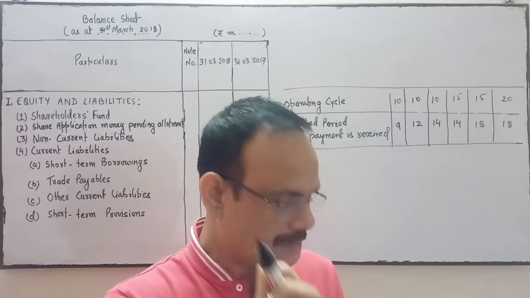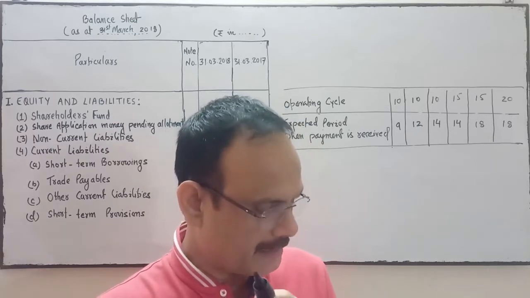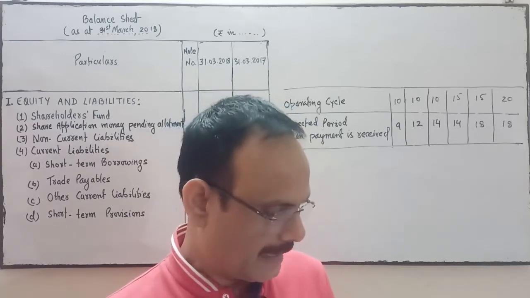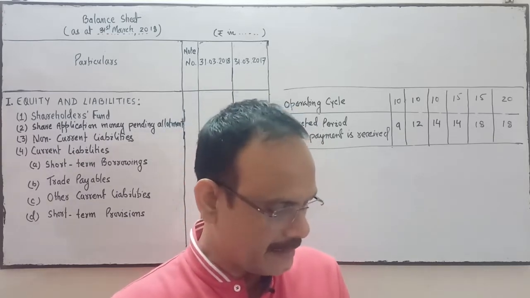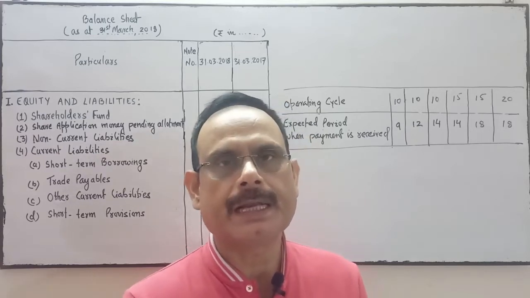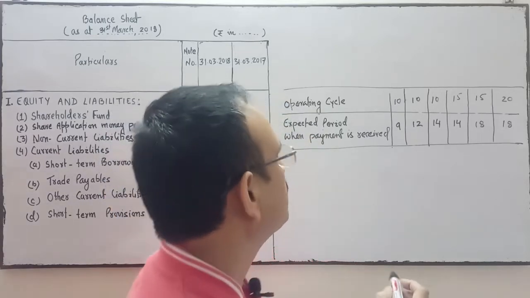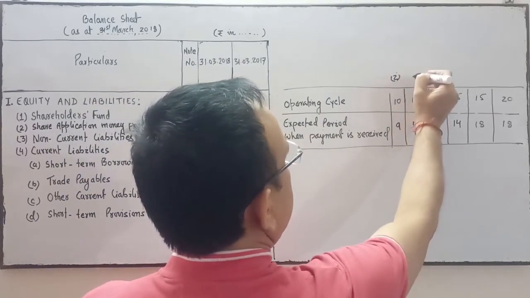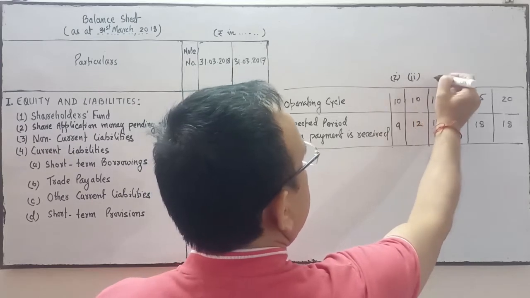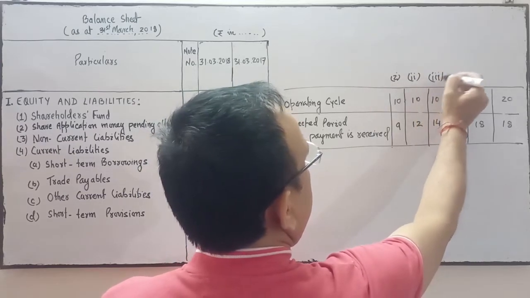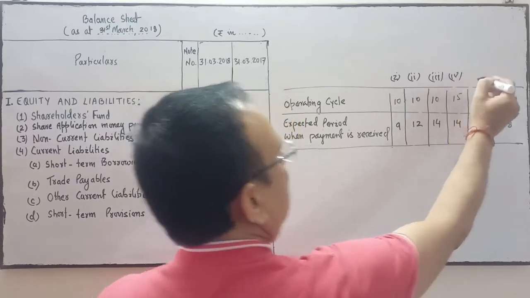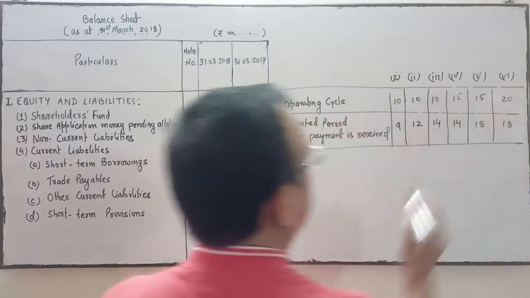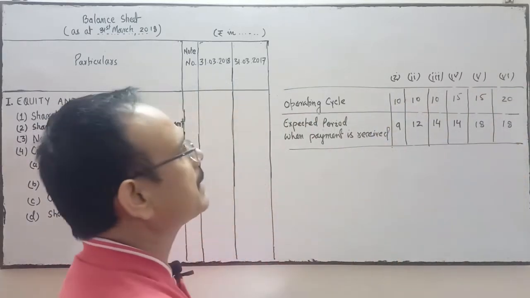How will you classify the liability? There are 6 cases given. Case number 1, the operating cycle is 9 months and the expected period when the payment is made is given. This is the second, this is the third, this is the fourth, the fifth case, and this one is case number 6. Under this situation, which one is the current liability?